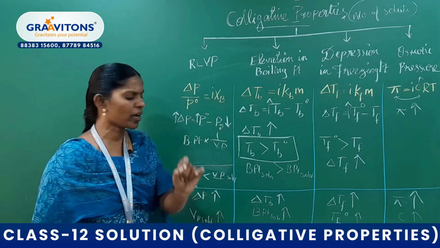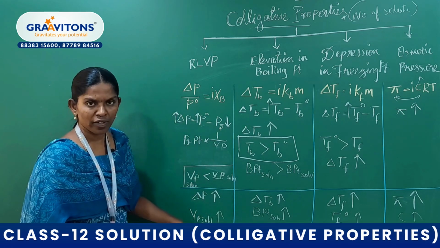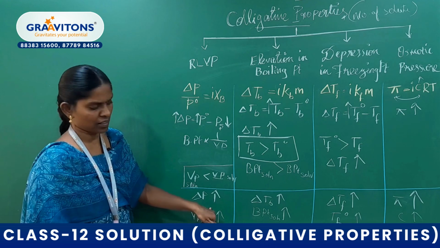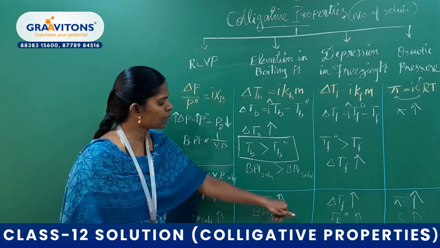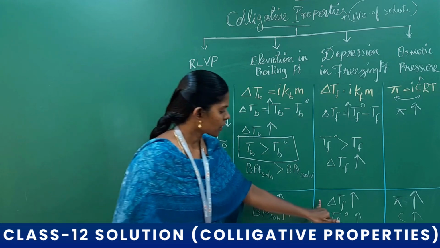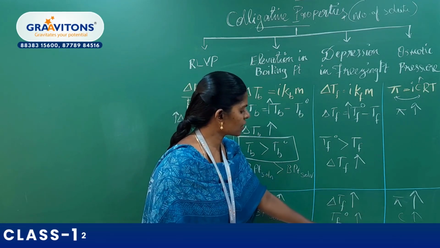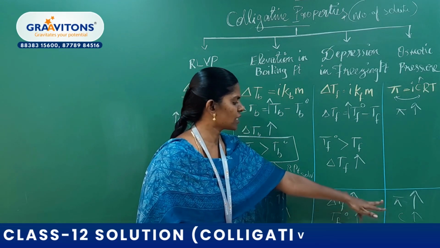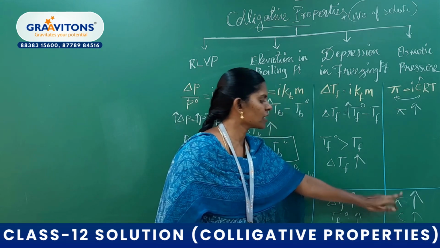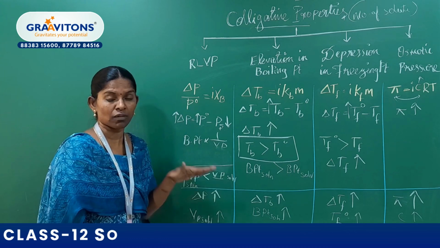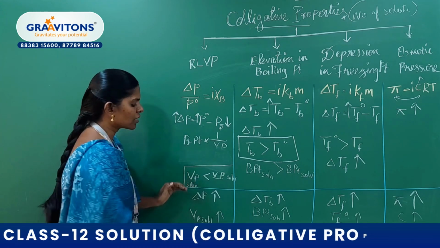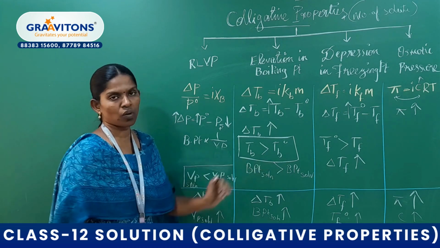Very easy points: vapor pressure of solvent increases, delta P increases; boiling point of solution increases, delta TB increases; when TF naught increases, delta TF increases; and when concentration increases, pi increases. These points are very simple, however, while solving problems, this much clarity must always be in your mind.